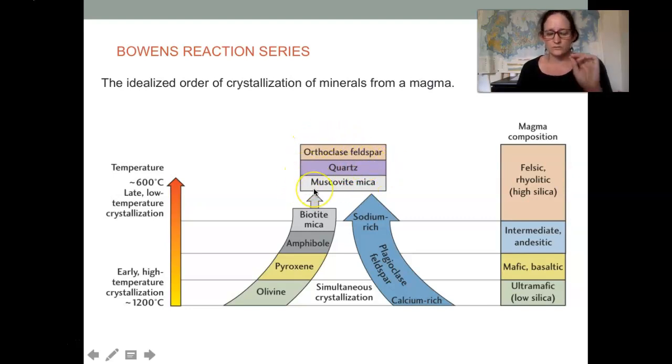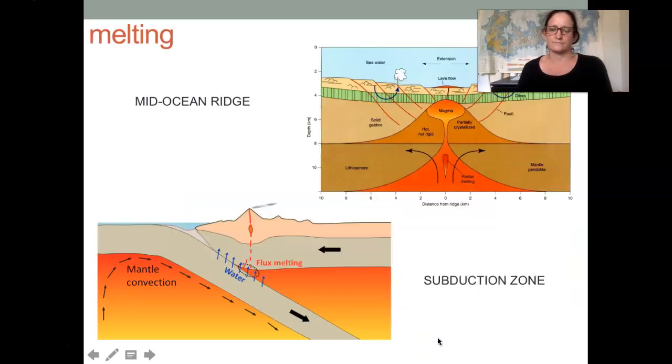So those are low temperature crystallizing minerals, and a rock that has those in it is silica rich, and we call that felsic. So felsic is silica rich, low temperature minerals. Mafic and ultramafic would be rocks that crystallize at a higher temperature and have more iron and magnesium in them. I don't want you to memorize that.